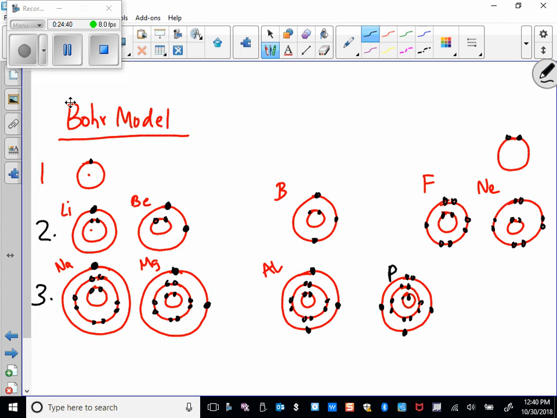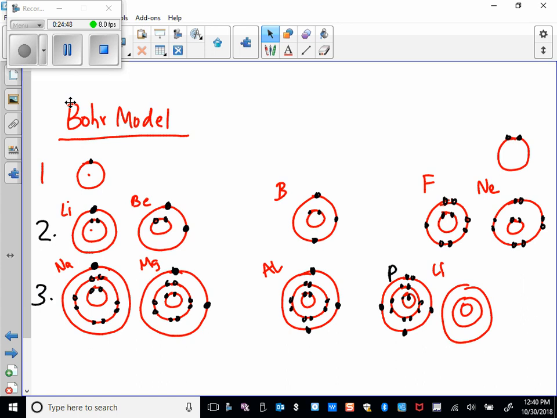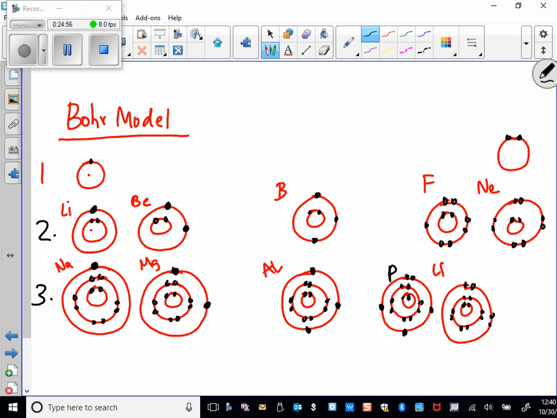So if you take chlorine, it's going to be what? 3 again. Is that right? And chlorine will have 2 in the first, 8 in the second. How many in the third? 7. Is that right? After chlorine, we are coming to neon, and neon will be 3 circles.